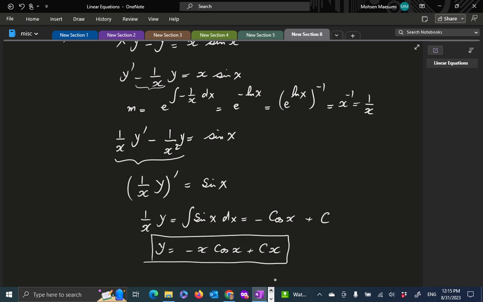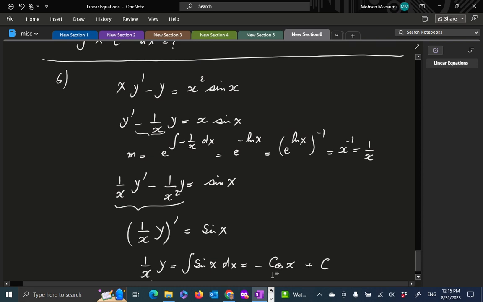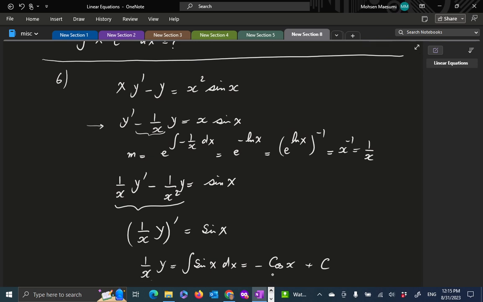that is the solution. What is the interval? Again, you come here to the standardized equation. You notice that you are dividing by x. It would not be okay to divide by 0 here. And so the interval splits at x equal to 0.